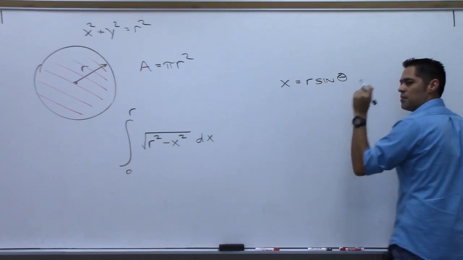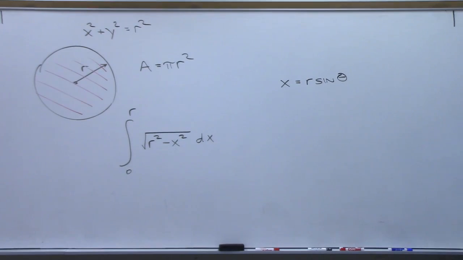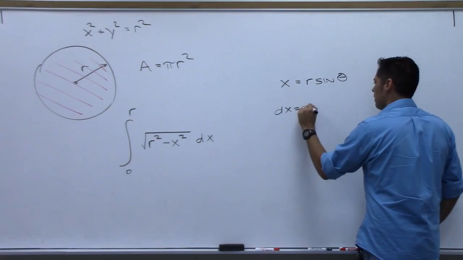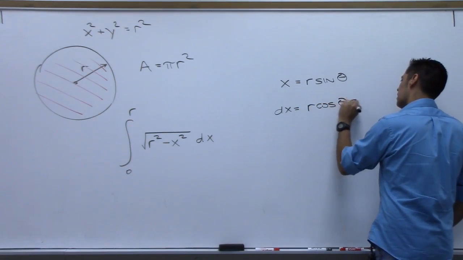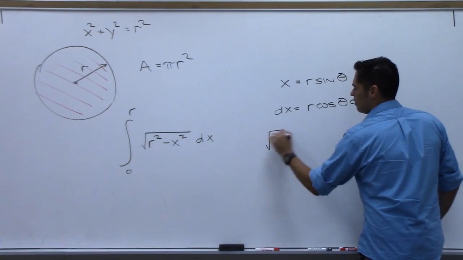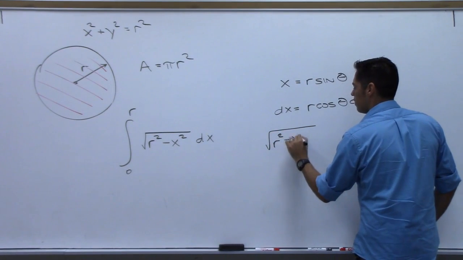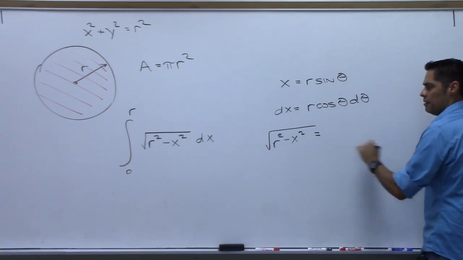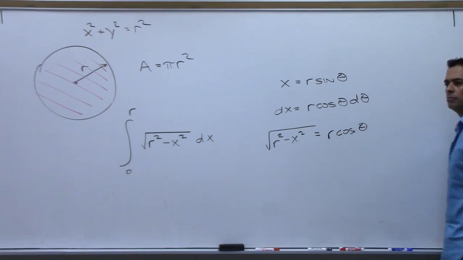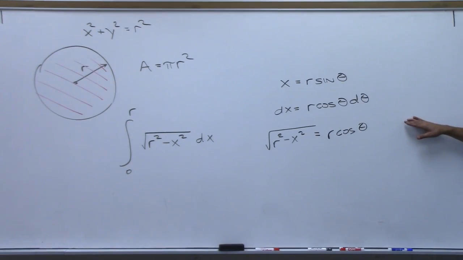Remember that r is a fixed number, right? r is fixed. And then we go through and we say dx is r cosine theta d theta. And then the square root part of this, the square root of r squared minus x squared, equals, what is it? r cosine theta? We've done this before.